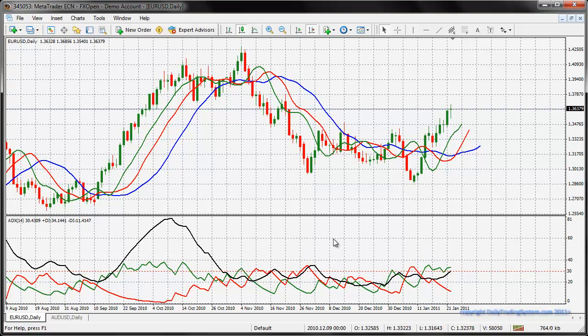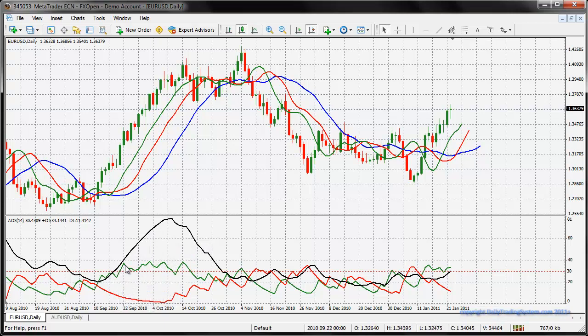What I'm looking for is to see when this black line breaks above the 30 line. You can see I've got a 30 level in there, and that 30 level is basically my trigger. Anytime this black line breaks above it, I'm looking to go long or short.